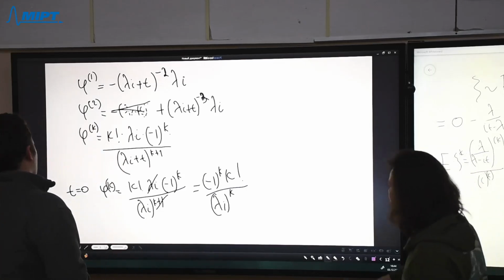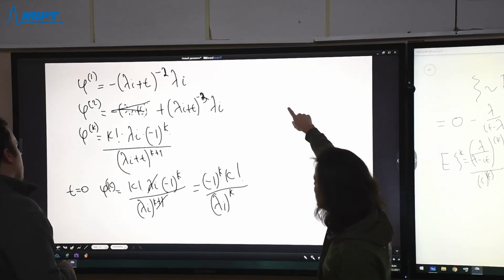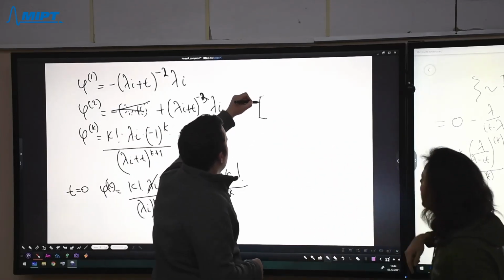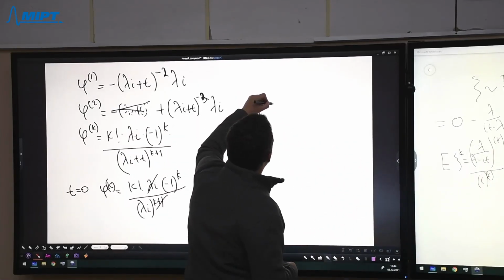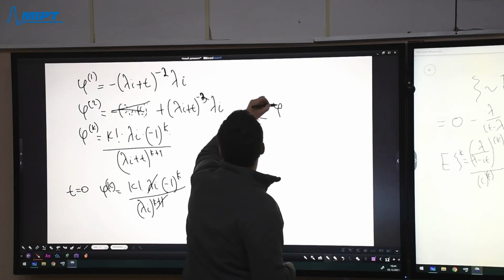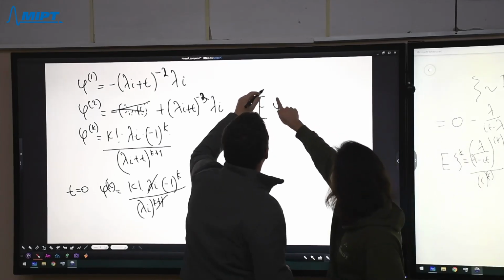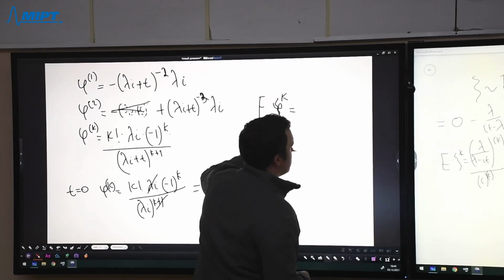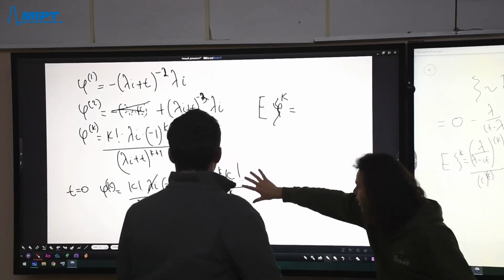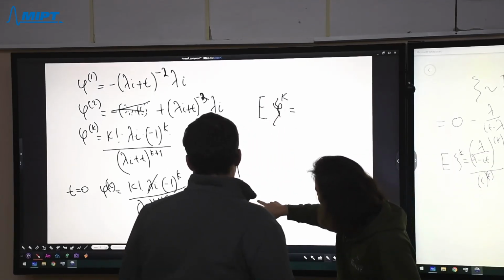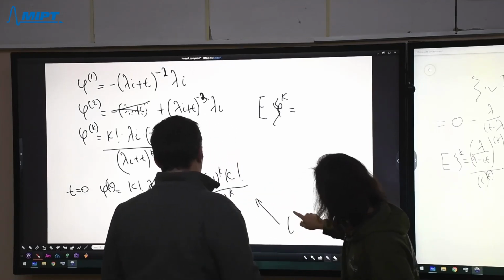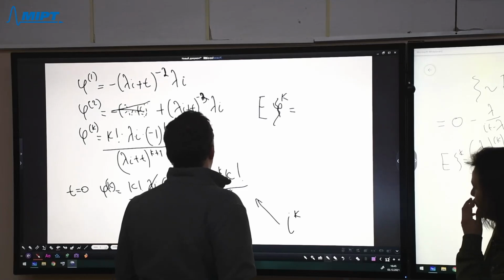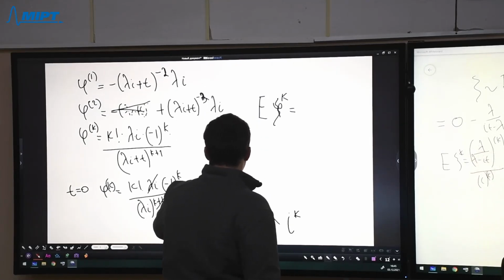Okay, and now we can find the expected value of psi to the k, where psi is the random variable. This is this over I to the k. So all that I have to do is multiply here by I to the k. So what do I get? Well, the I to the k and this I to the k cancel out.